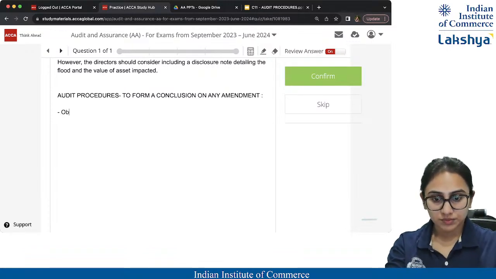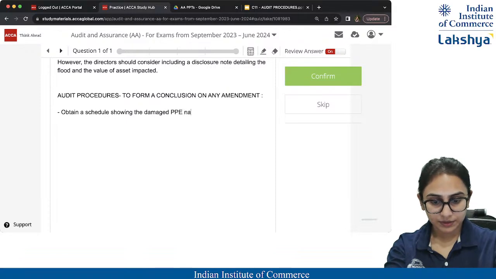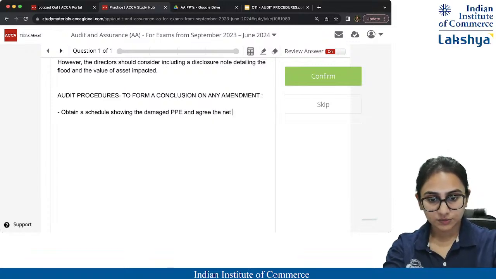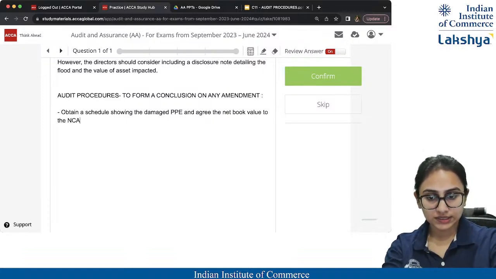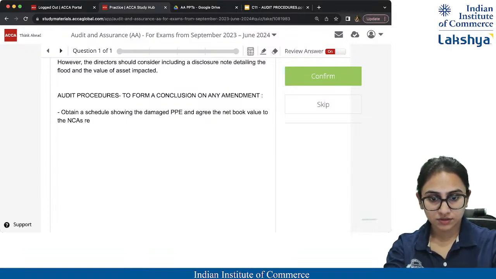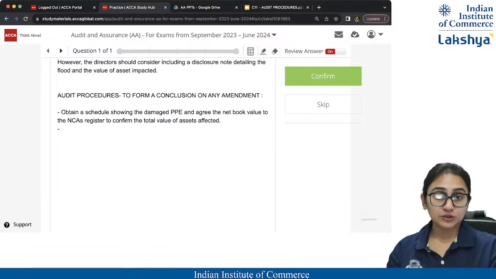So obtain a schedule showing the damaged property, plant and equipment and agree the net book value to the non-current assets register to confirm the total value of assets affected, whether it's proper or the management has just overstated it.